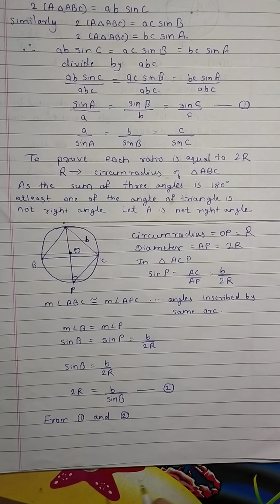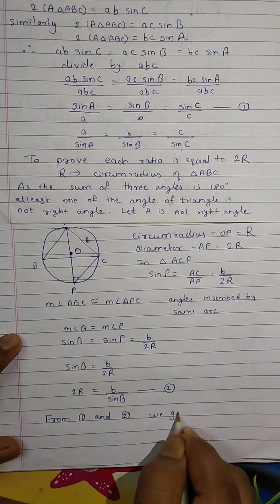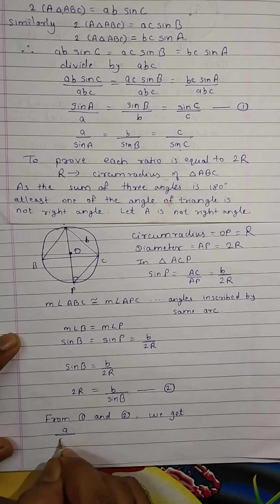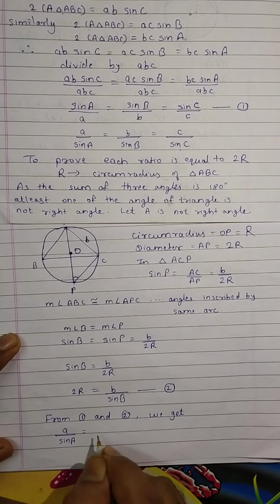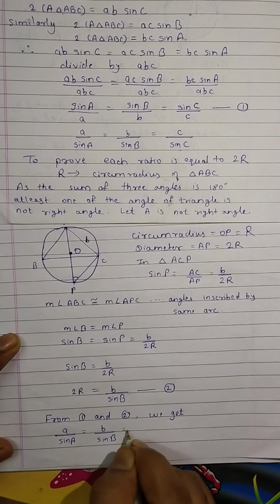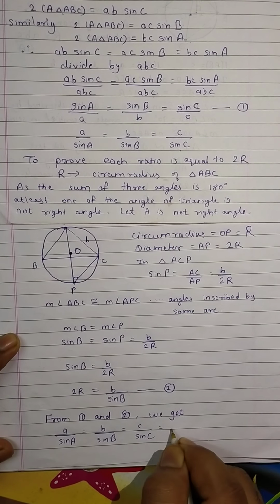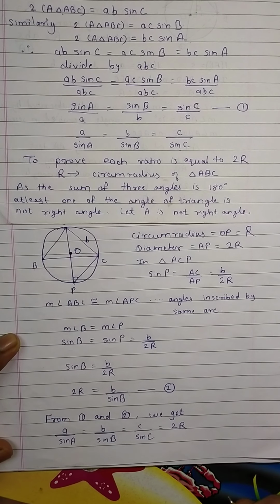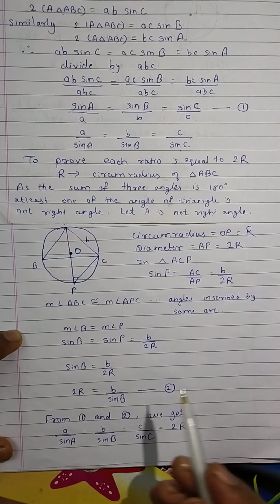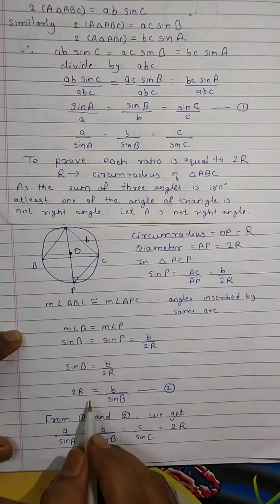From 1 and 2 we get a upon sin A is equal to b upon sin B is equal to c upon sin C is equal to 2R, as this ratio is equal over here, and we got one of the ratios, b upon sin B, is equal to 2R.